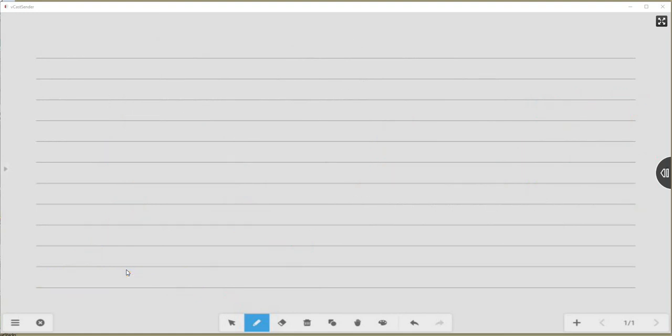Now, suppose that I want to measure from A to B. If I want to measure from here to here, this is called a linear distance.